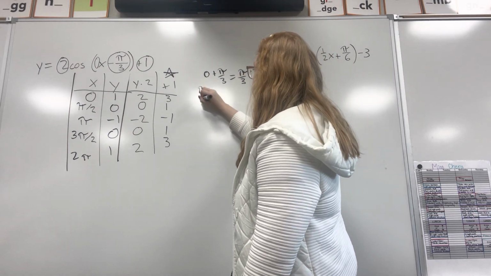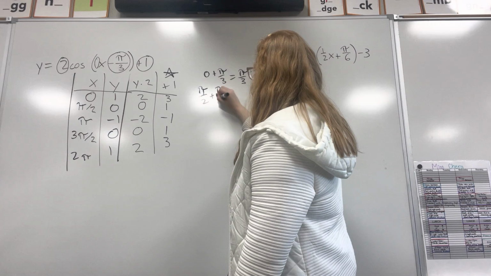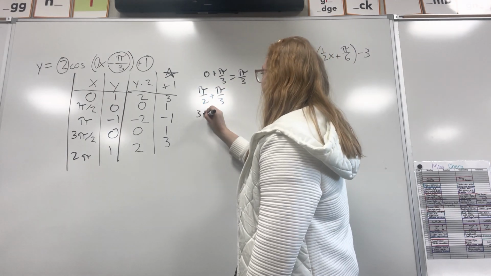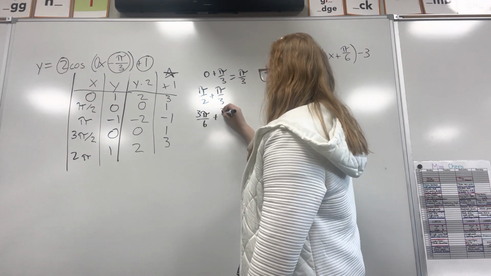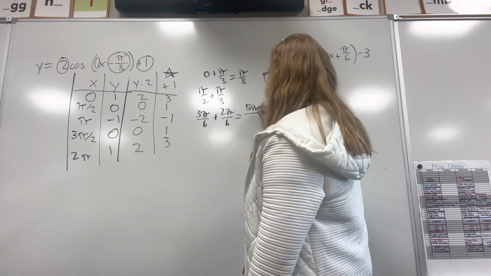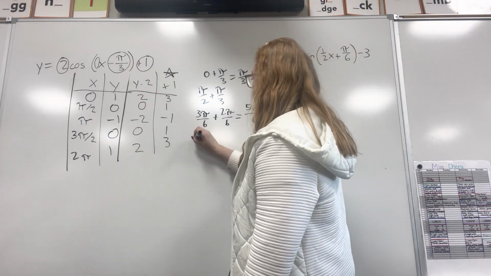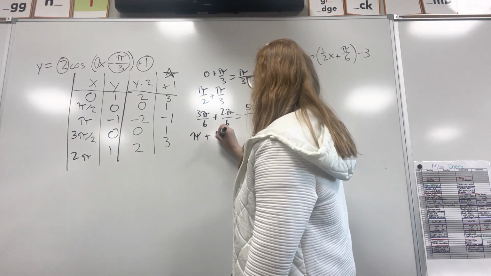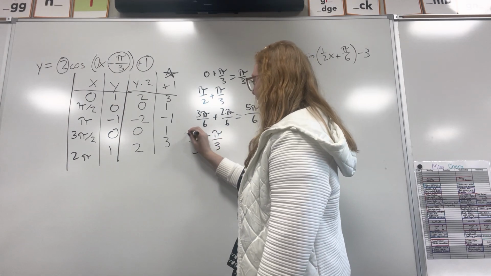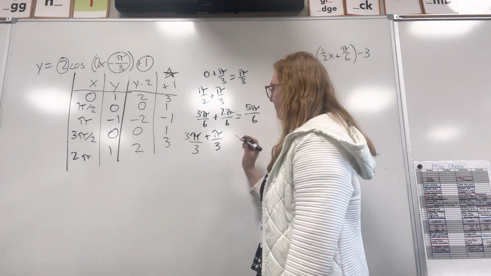Pi over 2 plus pi over 3, they don't have the same denominator, so I'm going to cross multiply this and do 3 pi over 6 plus 2 pi over 6, and that's 5 pi over 6. And then pi plus pi over 3, still not the same denominator, so I'm going to make them the same by doing 3 pi over 3.